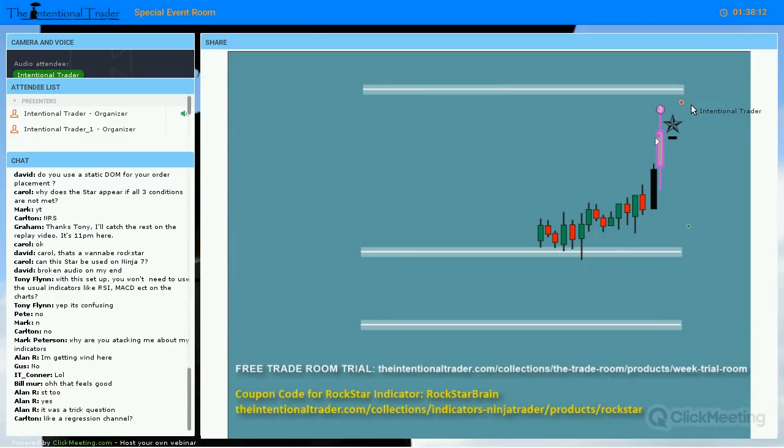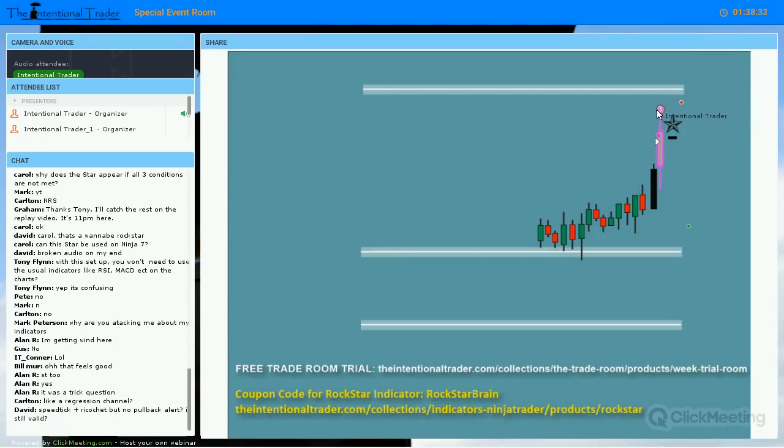Because I'm excluding support and resistance, I need more potential for exhaustion. I need more proof that the sellers in this case are very active.